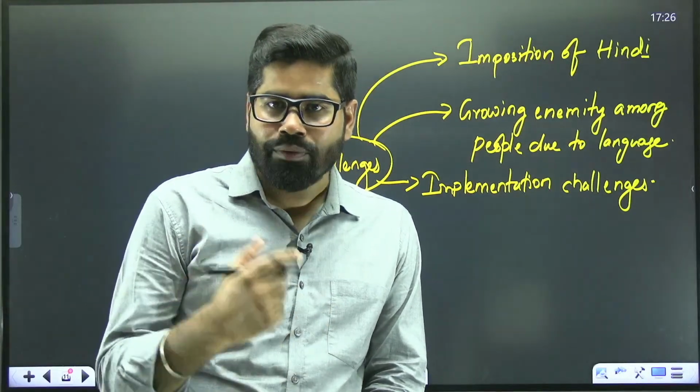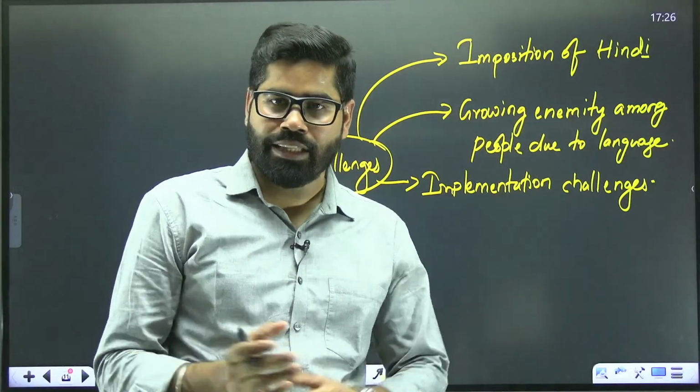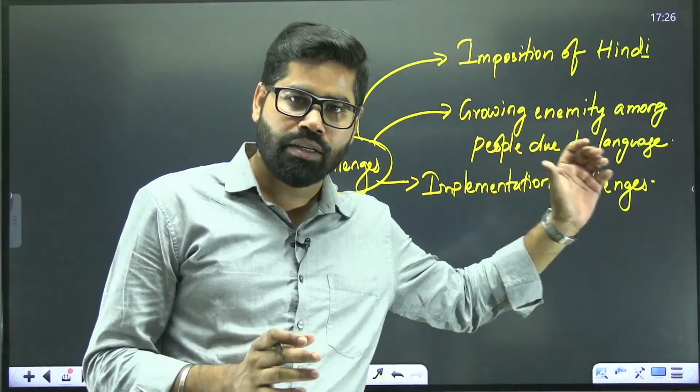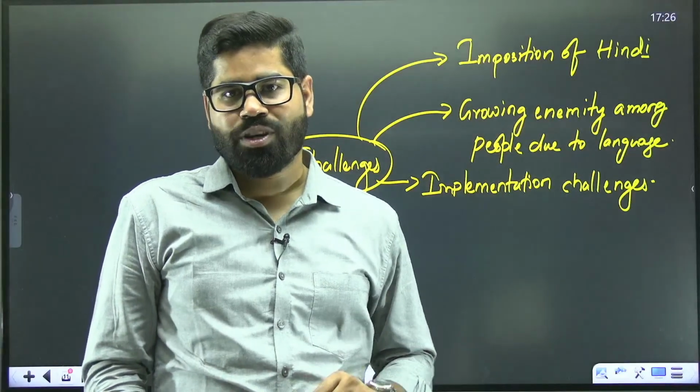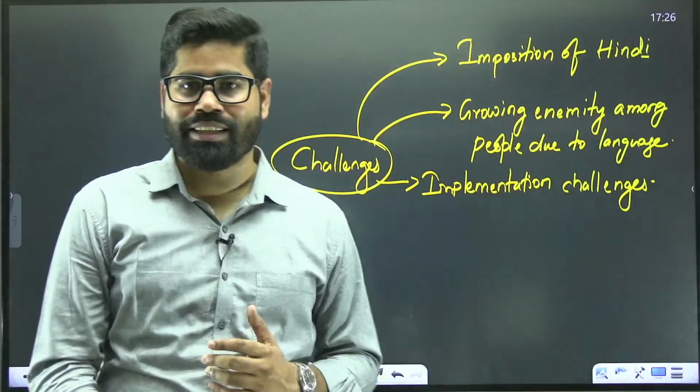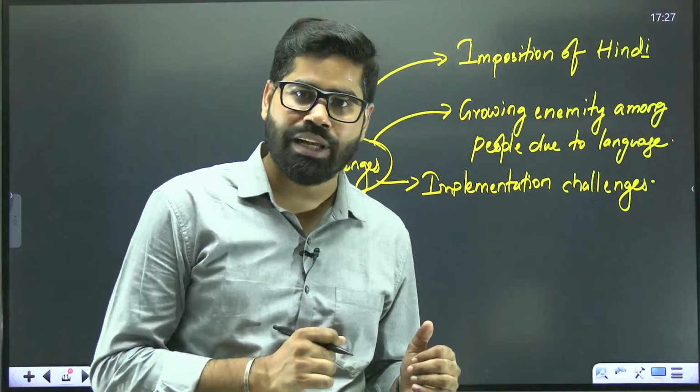Can government facilitate all these things in every school? Can they provide teachers for all the 22 scheduled languages? Can they give this option of having all 22 scheduled languages?